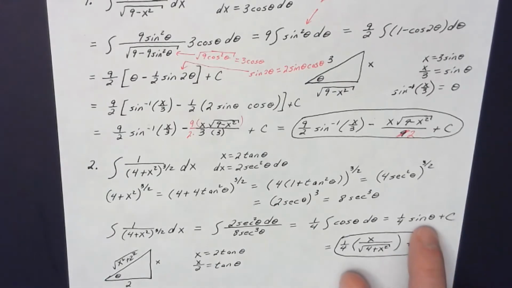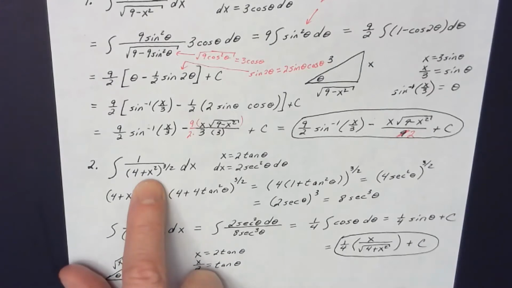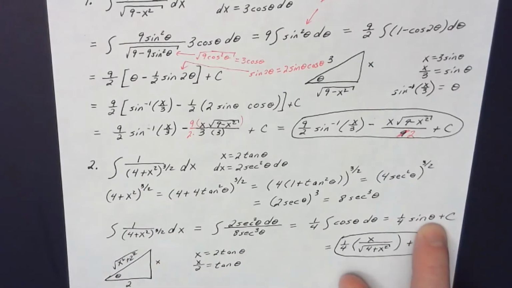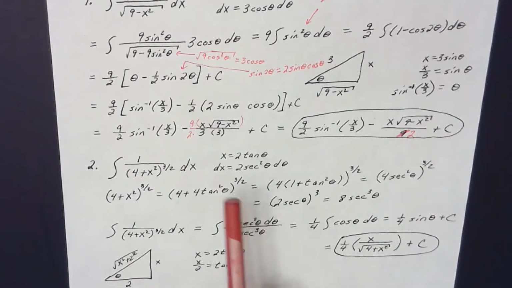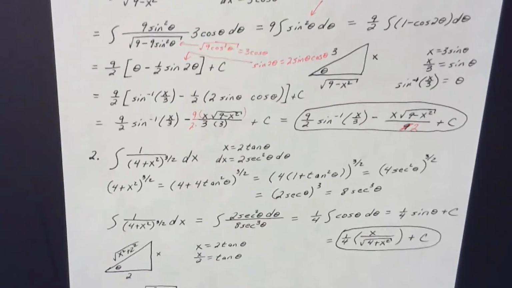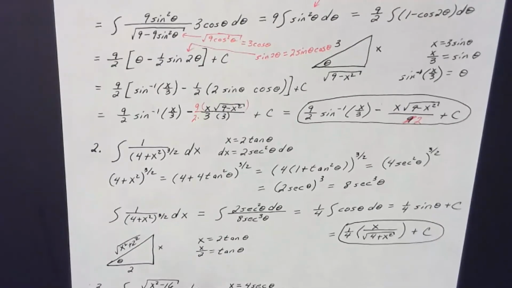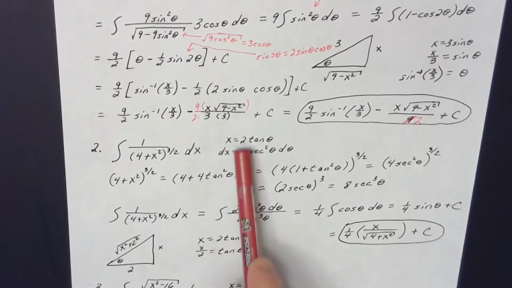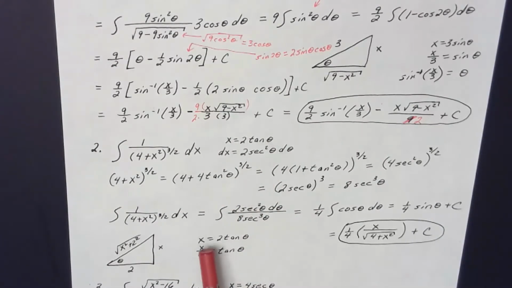But now your original problem was in terms of x, so we can't have an answer in terms of theta. That's where the trig triangle comes in handy. So you say the original trigonometric substitution that you use is always used to design your trig triangle here. In this case, I said x is equal to 2 tangent theta, which means x over 2 is the tangent of theta.